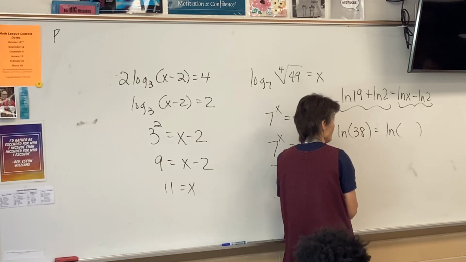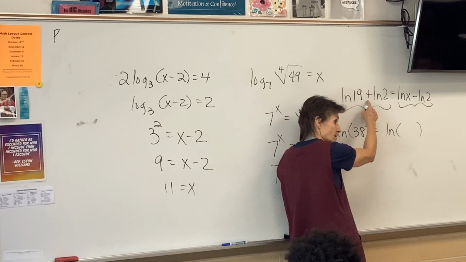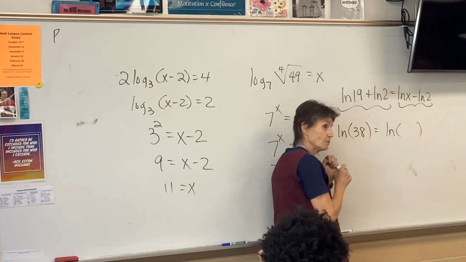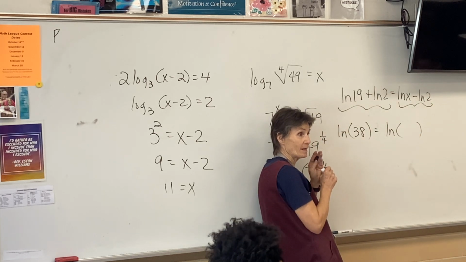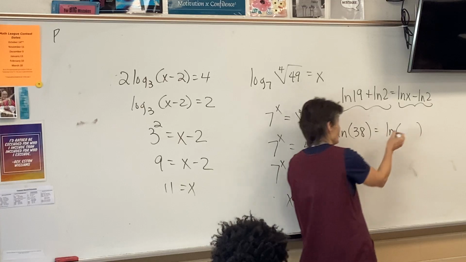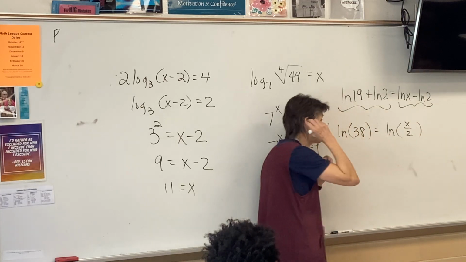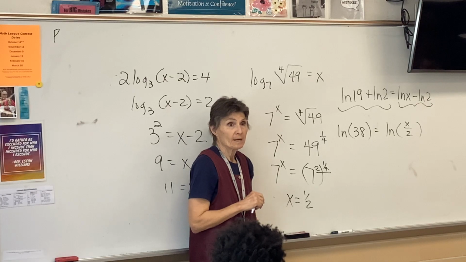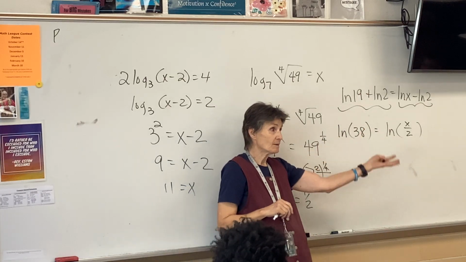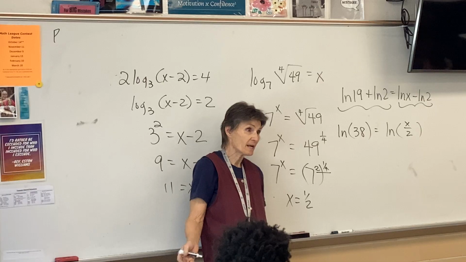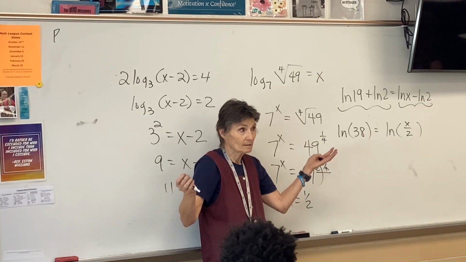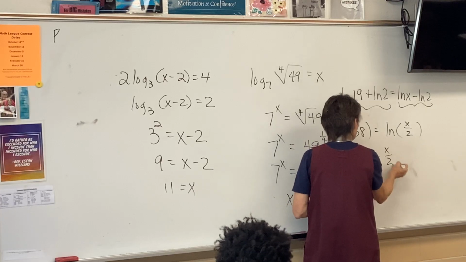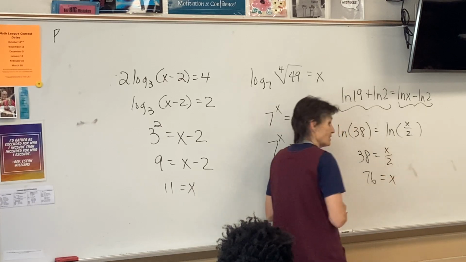Why are they being multiplied? Because that is an addition. Now, the x and the 2 are also going to be combined, but they're going to be combined as a division. Right? Now, if ln right hand equals ln left hand, then left and right are equal. So 38 equals x over 2, and x equals 76.